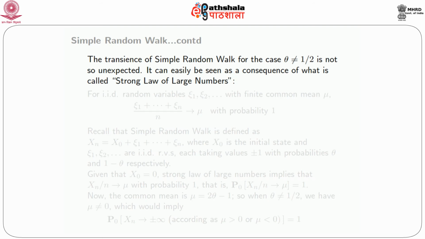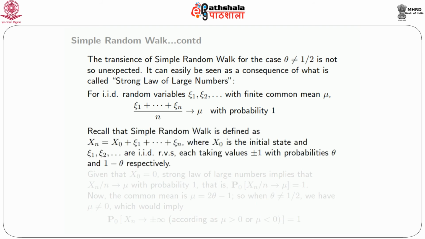You can also sort of argue it as a consequence of something that you probably know from undergraduate probability, which is called the strong law of large numbers, a very important result in probability and statistics. What does it say? It says that if you have IID random variables xi1, xi2, xi3, etc. with finite common mean mu, then the average (xi1 plus xi2 plus ... plus xin) by n converges to mu with probability 1.